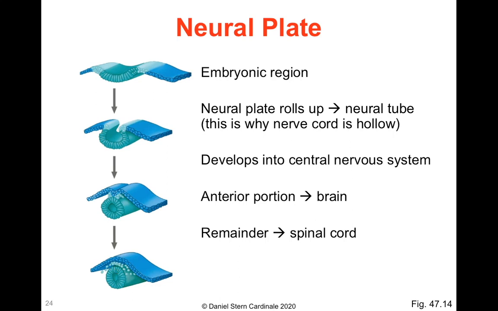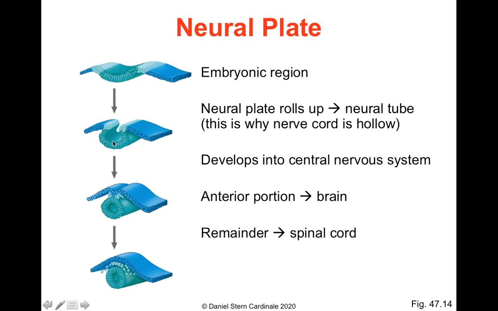The anterior end of this structure is going to fold over more and develop into the brain, and we'll talk about that when we get to the nervous system. And the rest of that tube is going to remain a hollow tube, and that's going to become the spinal cord.